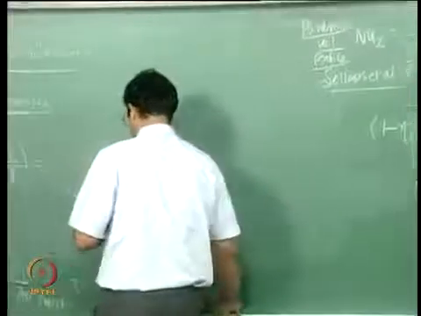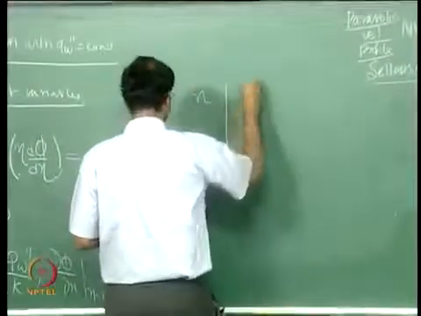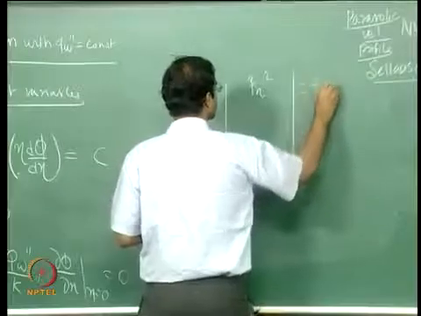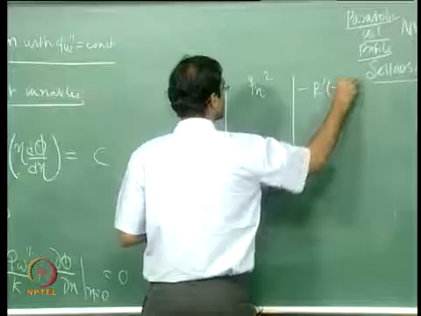Okay, so for different values of n, beta n square, minus r prime minus beta n square.